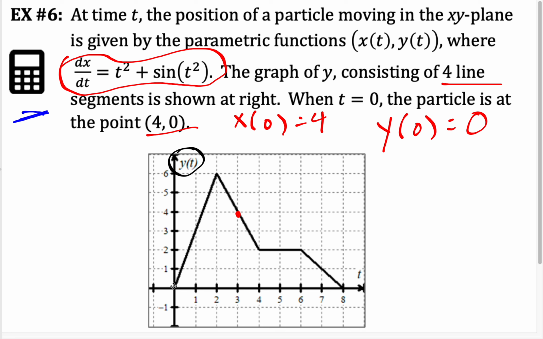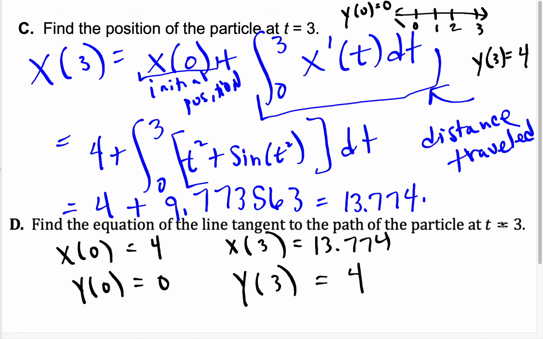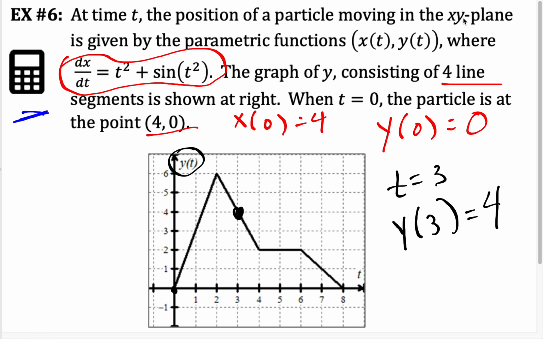So when t is equal to 0, obviously it tells us, but we're right there. So when t is equal to 3, y of 3 is going to be 4. That's where that came from. Ignore my little number line. I apologize. Yeah, ignore the number line. That had nothing to do with it. How we found y of 3, again, I just forgot that we had the graph here.